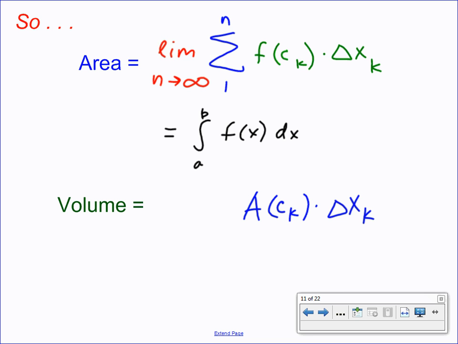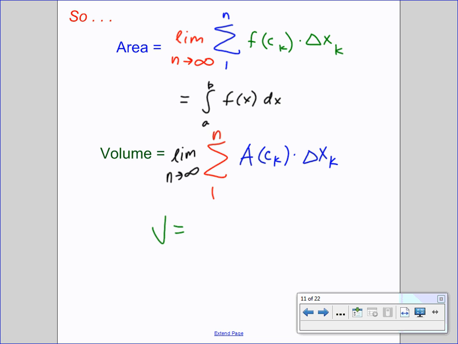And guess what? If we summed up the individual volumes of those slices from the first to the nth slice, for n slices of my loaf, and then let the number of slices go to infinity, we'd be left with the exact volume V given by the integral from a to b of A of x, some function that gives the area of a typical cross section, dx, where dx results from shrinking that delta x down towards 0.